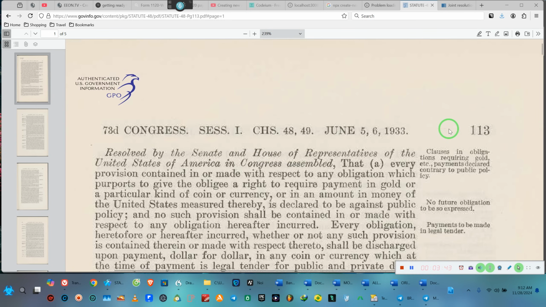Because page 112. That's why you keep hearing everybody talking about 73rd Congress, page 112, because it starts on page 112.